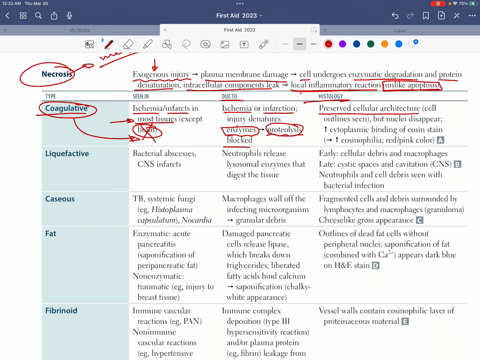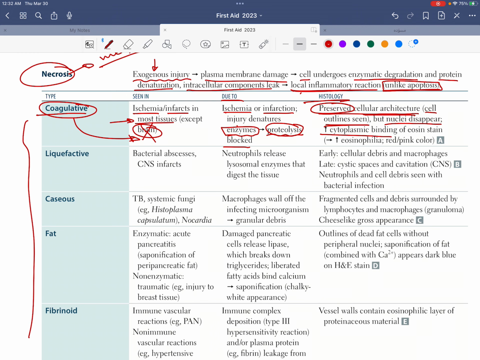Okay, the histology: if we do a biopsy and check out that tissue, we can see preserved cellular architecture, like cell outlines are seen. Some of them are going to have the original shape of the cell, some of them are not. For coagulative necrosis, we see preserved cell architecture, so the cell outlines are seen, but the nuclei disappear. We don't see nuclei anymore.